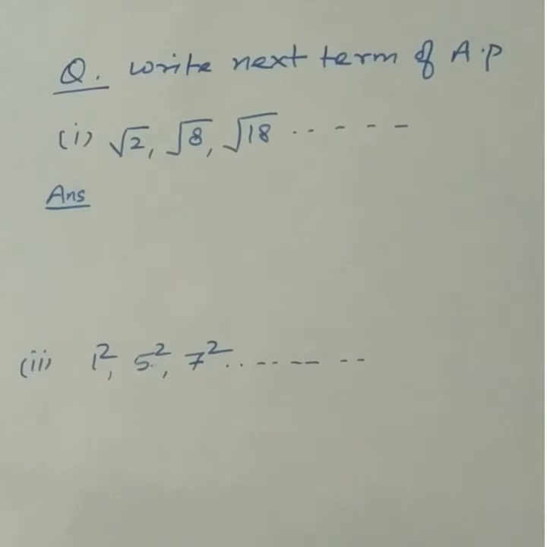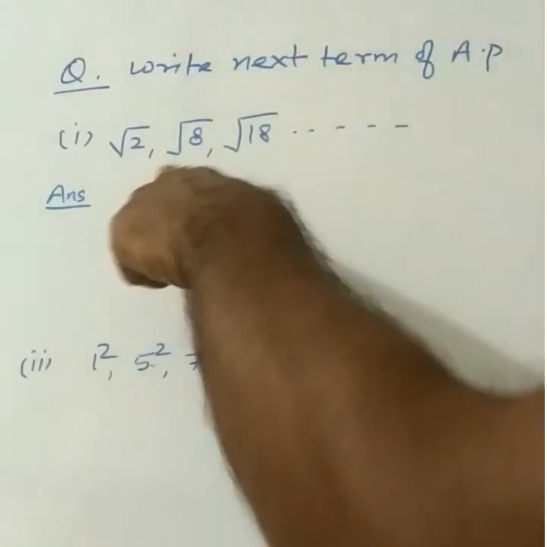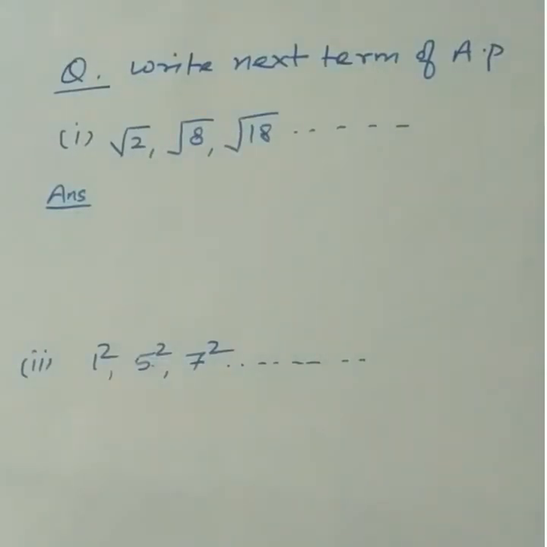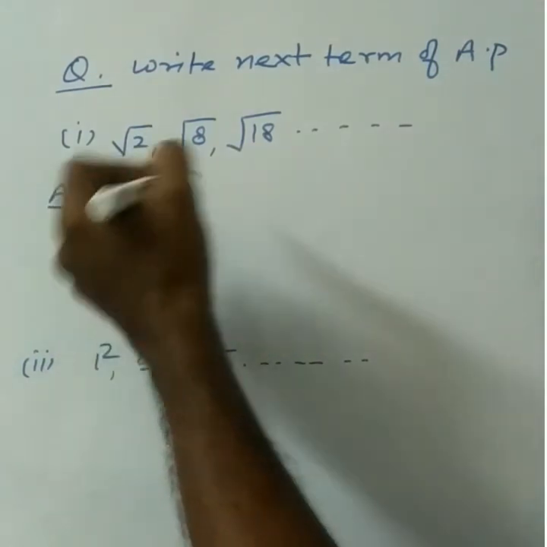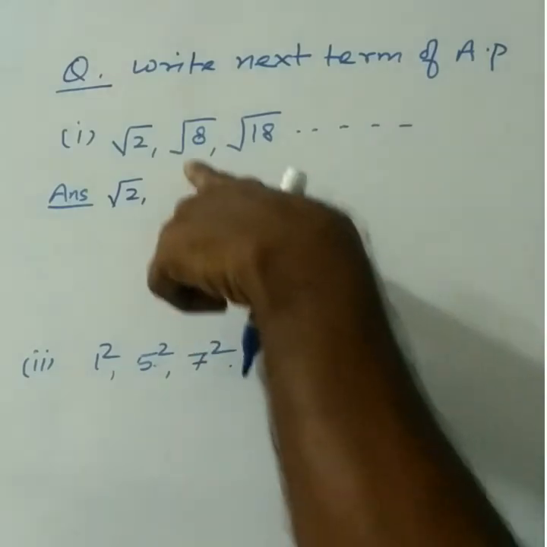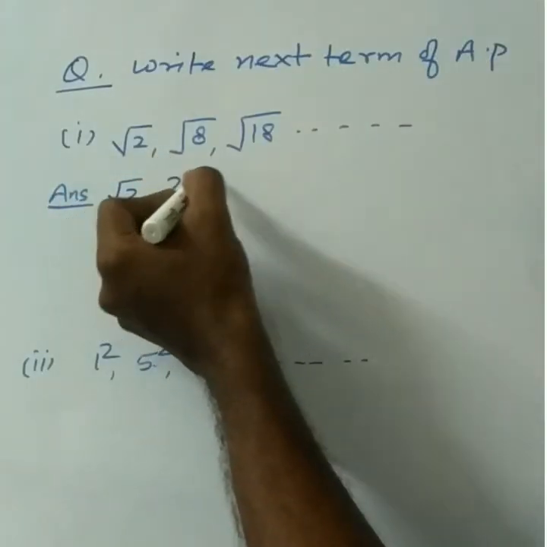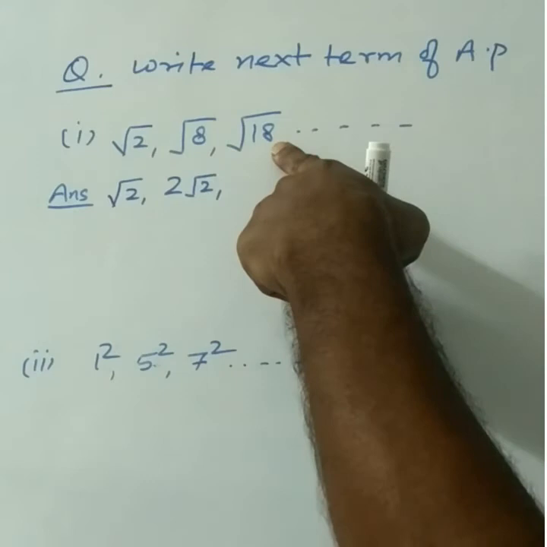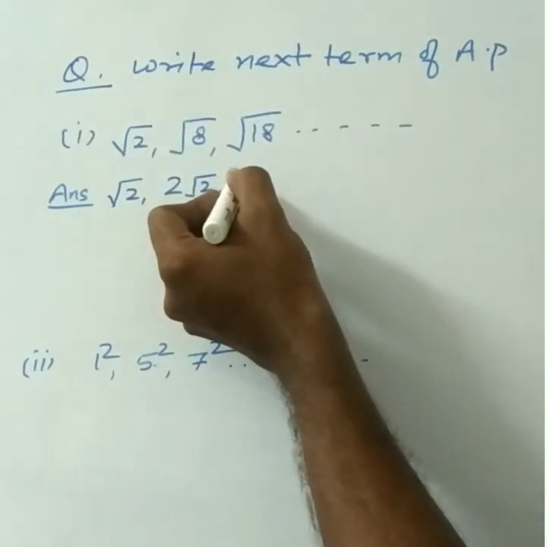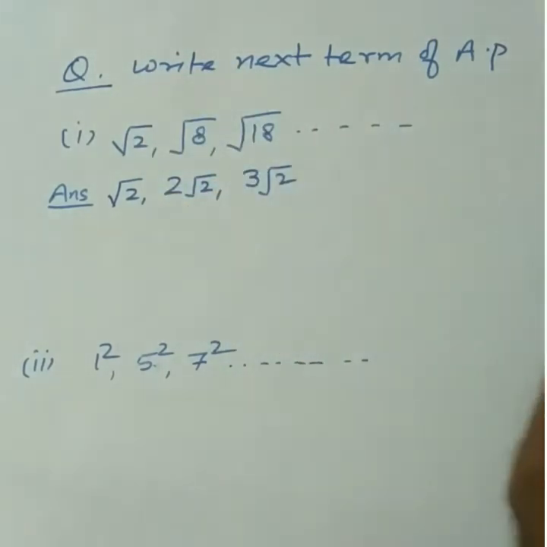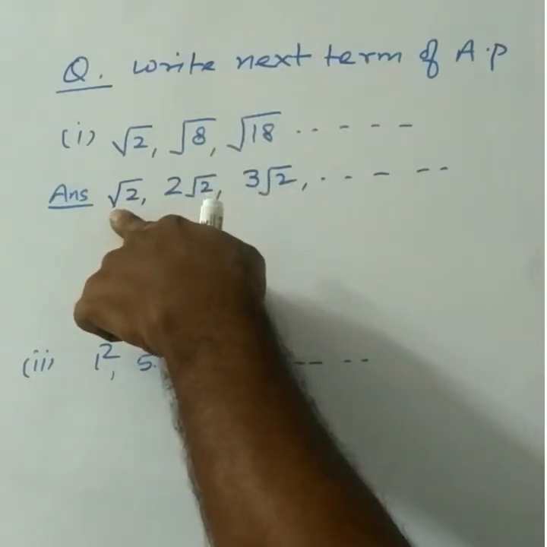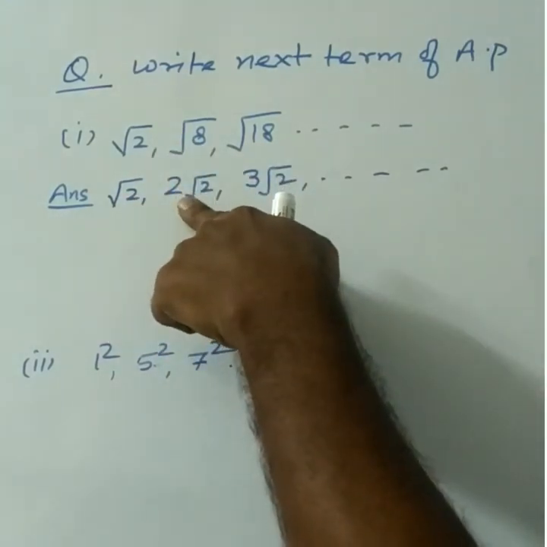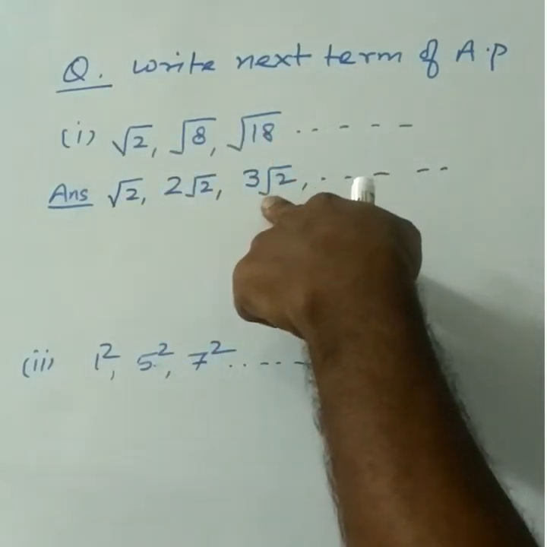Here in this question, we have to write the next term of the AP. Now we write this AP in simplest form. In simplest form, root 2 will remain root 2. Root 8, simplest form of root 8 is 2 root 2. Root 18, simplest form of root 18 is 3 root 2. And so on. Now the first term is 1 root 2, second term is 2 root 2, next term is 3 root 2.